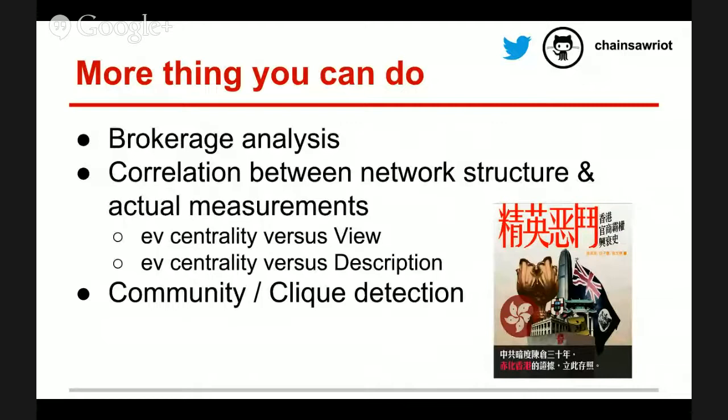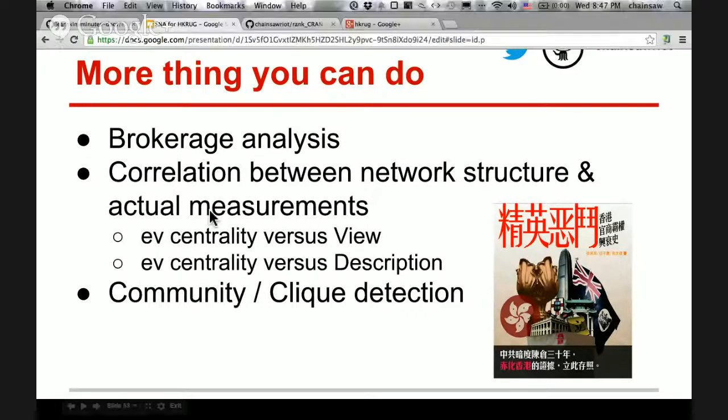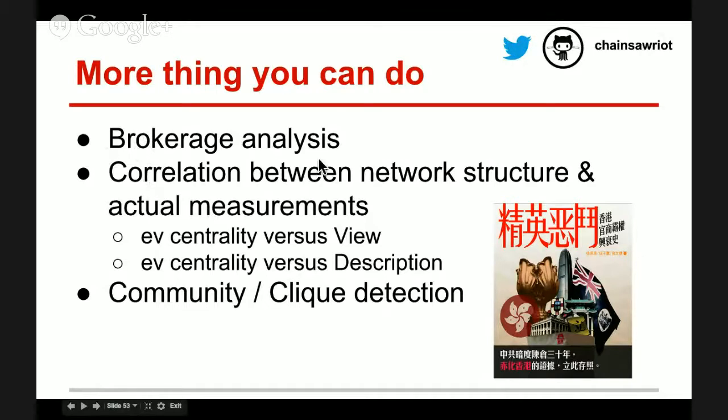Those people are actually called brokers, right? And you can use igraph to calculate the brokerage of each node, and then you will know which node is the broker. A friend of mine actually did social level analysis in CUHK, and he used that study as his master's study, and after he graduated, he published a book based on the brokerage analysis called 精英樂鬥, and it is available in the bookstore. It's an advertisement.